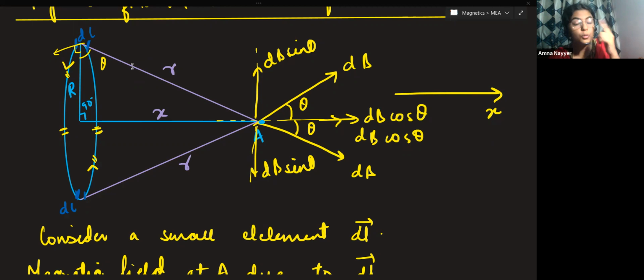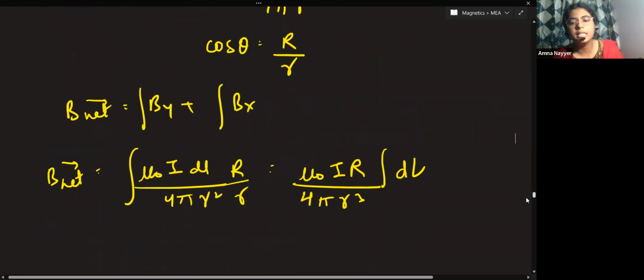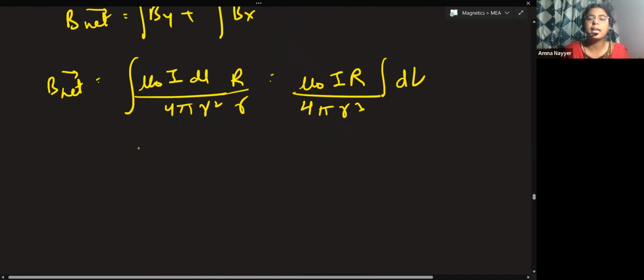Integration of dl, 2 pi r, yes. If you integrate all the dl, that means dl plus dl plus dl, all the small infinitesimal current elements get added up. So ultimately it will be what? The wire, that is the circle. So it becomes 2 pi capital R. So integration of dl gives you 2 pi capital R.